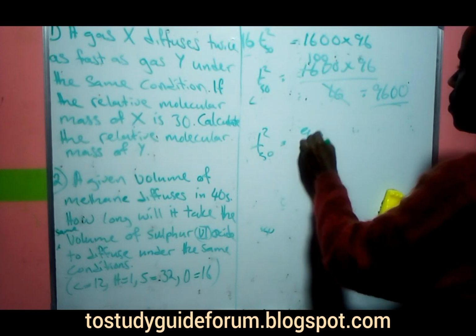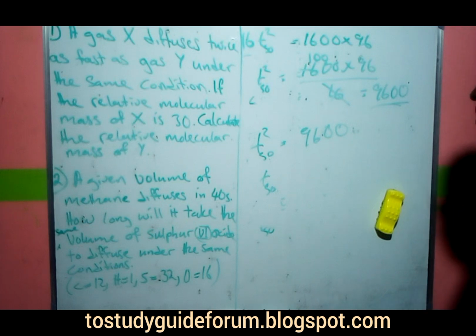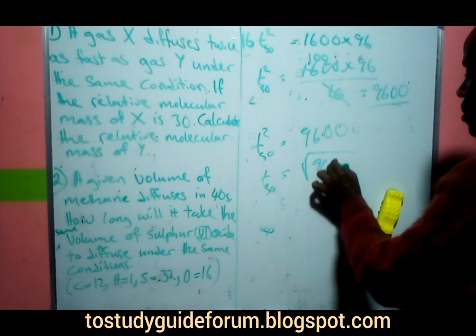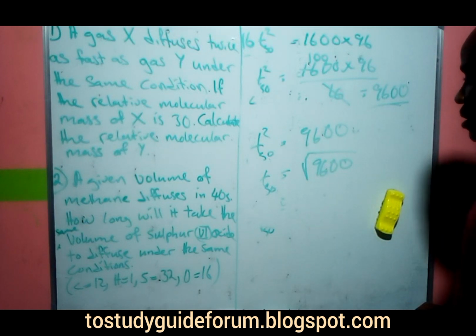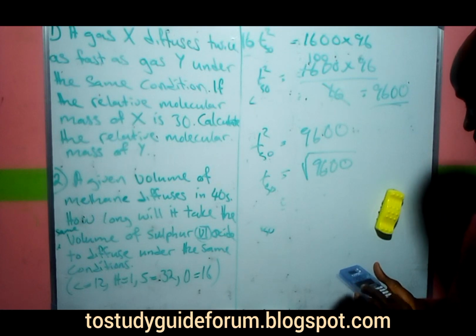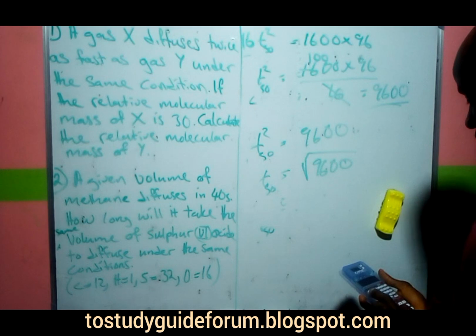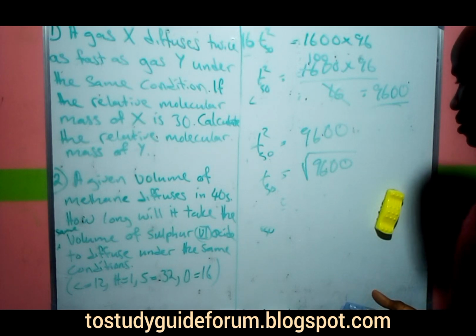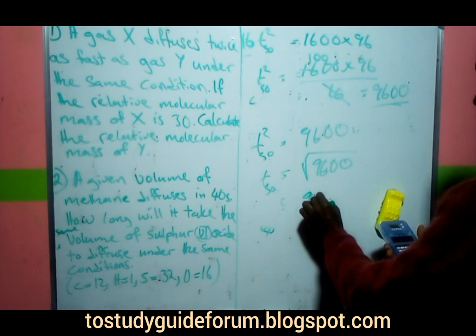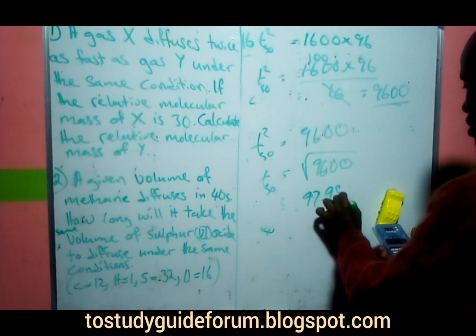So to get T, let's take the square root of 9600. The square root of 9600 is 97.9, approximately 98.